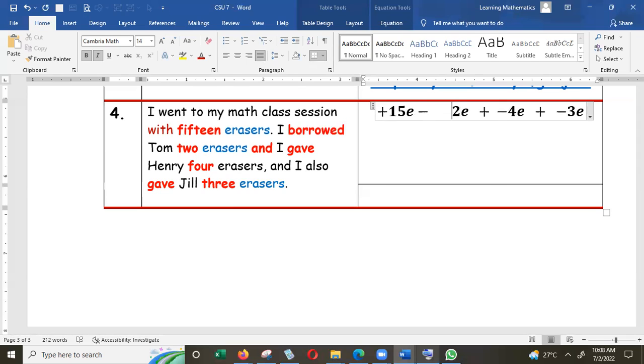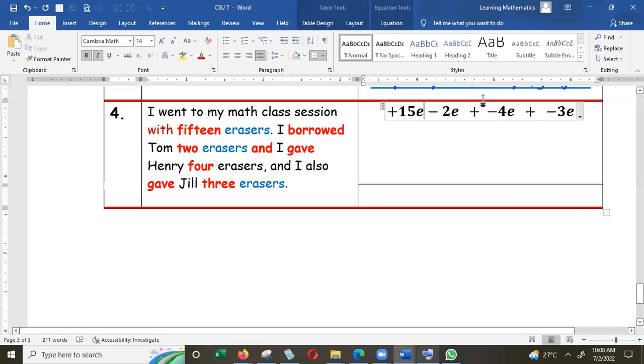Please pause and write, replay, okay? So please take note of that. This would be wrong. This would be like bad math grammar, if you want to put it that way. Good math grammar: this negative sign has to stay with the 2 because it's describing what that 2 is. It's like an adjective, if you will. It's a negative 2. It's a giving away 2. So it has to stick to the 2.